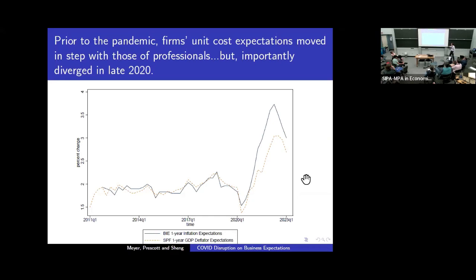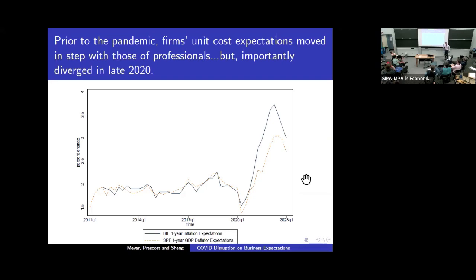Now, second, what you see here in late 2020, especially at the beginning of 2021, professional forecasters tapered their inflation expectations going forward because they thought of this inflation being relatively transitory.